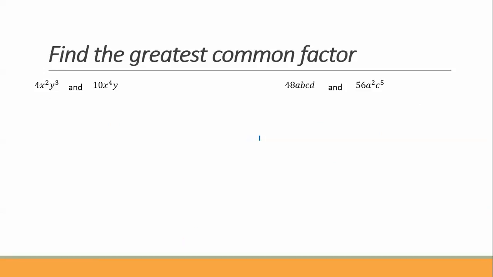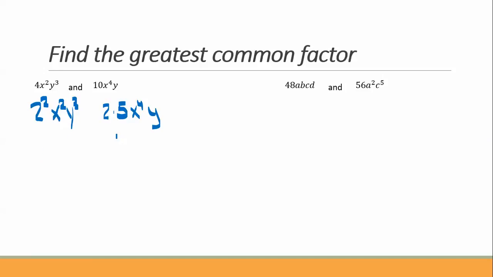Let's look at these. Let's write out all our prime factorization and go from there. So 4 was 2 squared, and then we have x squared and y cubed, and 10 was 2 times 5, x to the 4th times y.